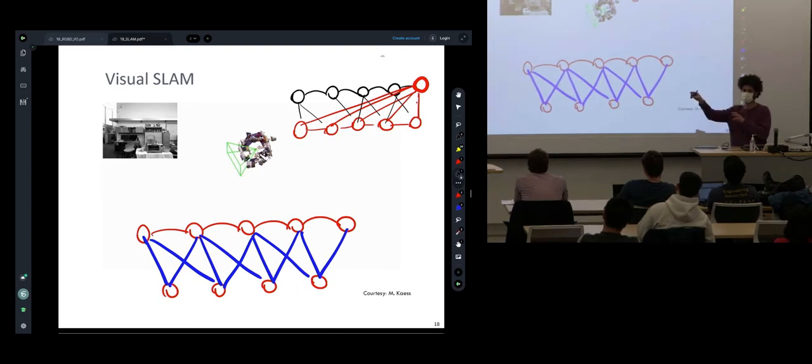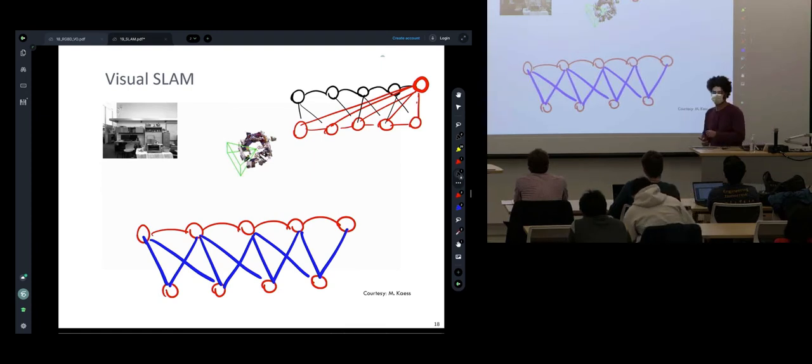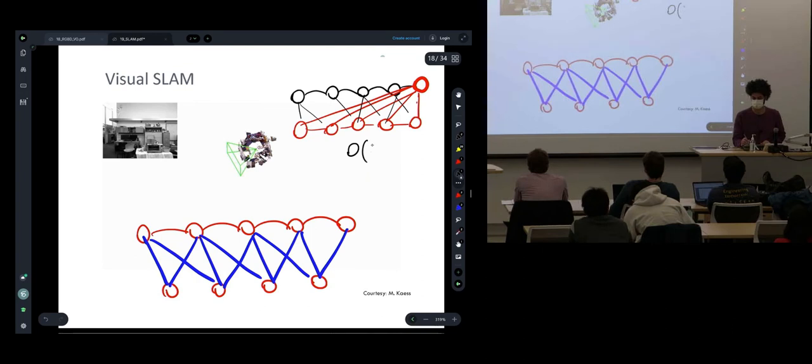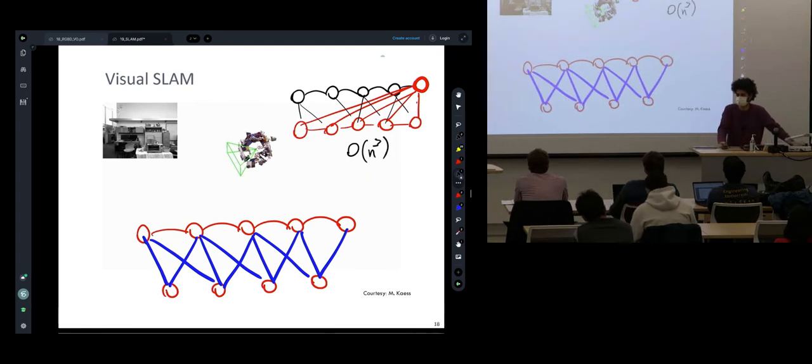That's the only thing we're tracking, so it should be correlated with everything else. Otherwise, it doesn't mean anything. Now, it turns out that this is a bad idea because if the problem is dense and you're tracking thousands of landmarks, it is extremely expensive to solve. It's computationally cubic to solve a linear system that is dense and so large.